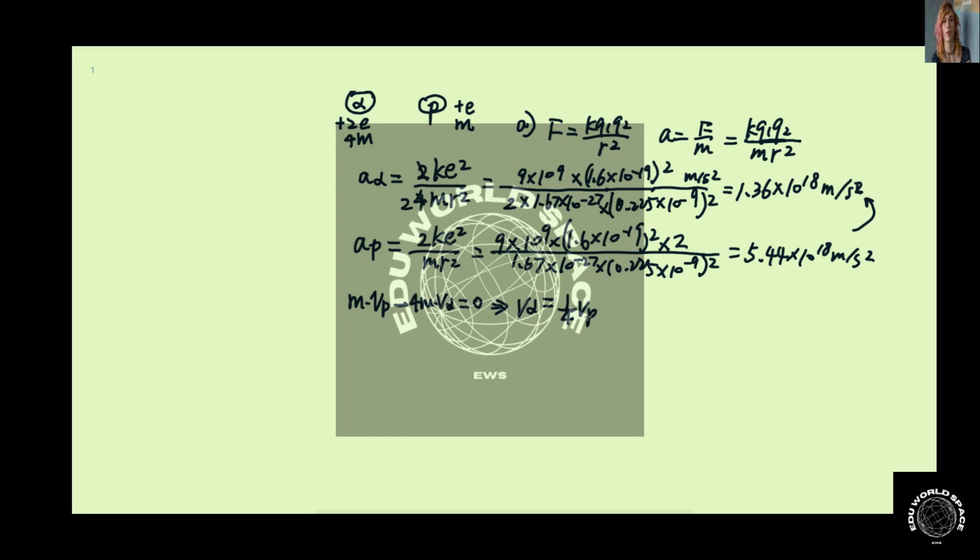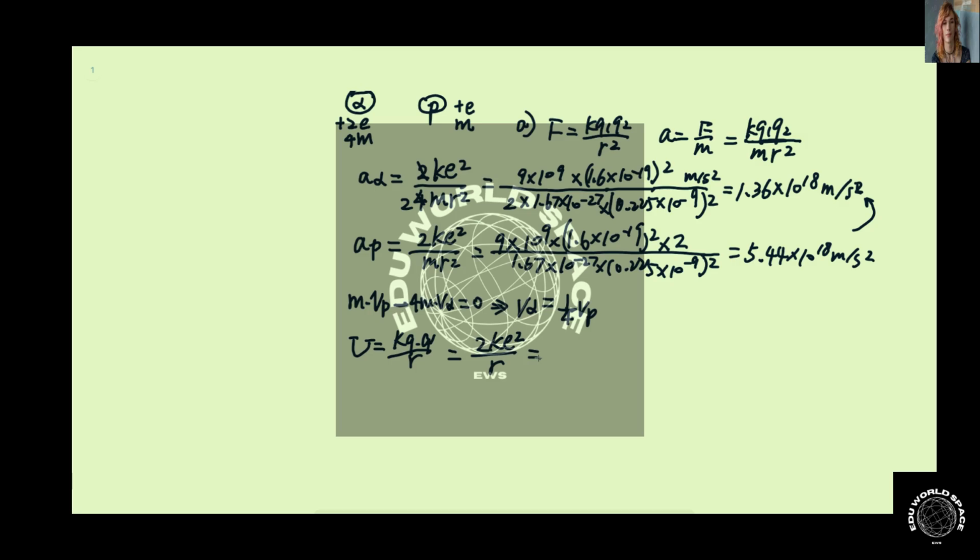The next thing we need to do is consider the conservation of energy, because they are moving away under the repulsion due to the electric field energy. The electric potential energy is U equals kQQ' over r, or in other words, 2ke squared over r. This is their initial energy, and all of it is changed into kinetic energy.